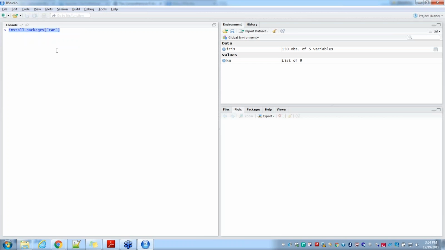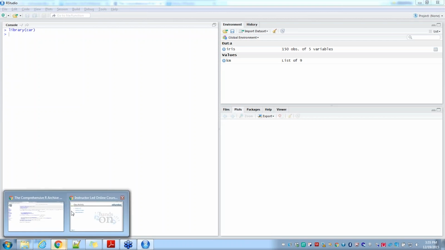After I've installed it, if you need to activate that particular package and make it available for your current coding session, you will have to use the library function. Type in library(car). Here you don't need to add double quotes to car. If the prompt comes back, it suggests that the package has been activated for your current coding session.